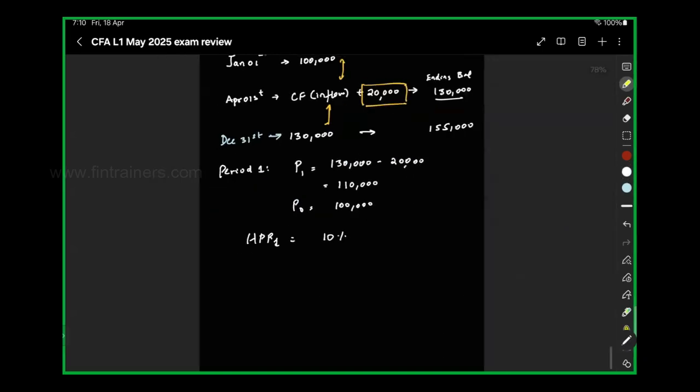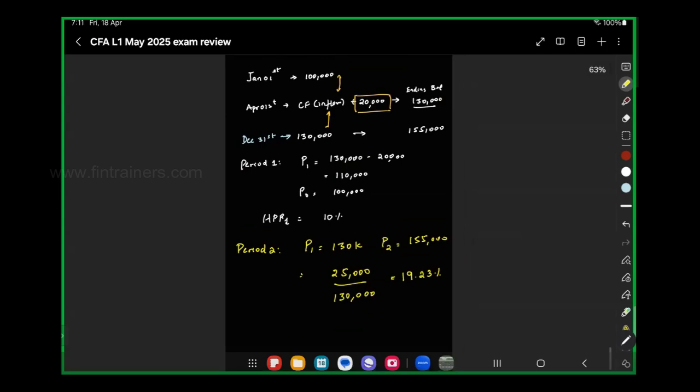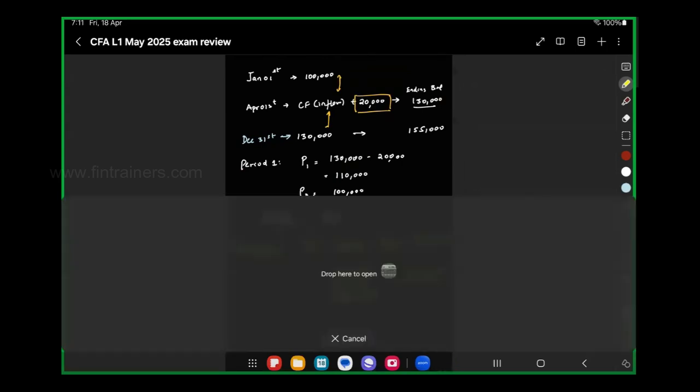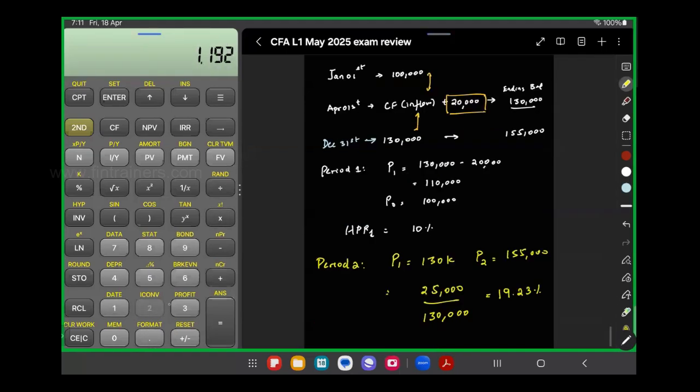For HPR2, period 2, my beginning value is 130 and my ending value is 155. My HPR is going to be 19.23%. Now, if we just have to link them for the TWRR, very straightforward linking, 1.1 multiplied by 1.1923 minus 1.